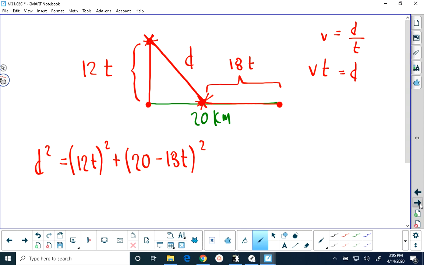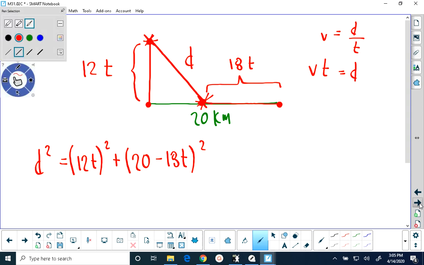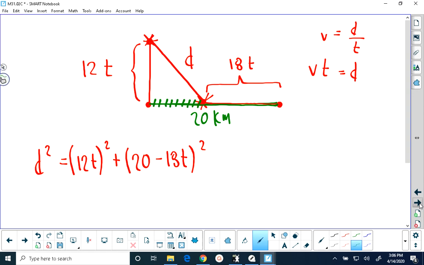If the entire distance that I've labeled with green, and I'm going to really highlight it for you here, if this entire distance is 20, then this distance must be 20 minus the 18t.